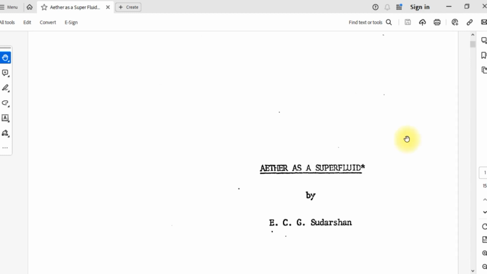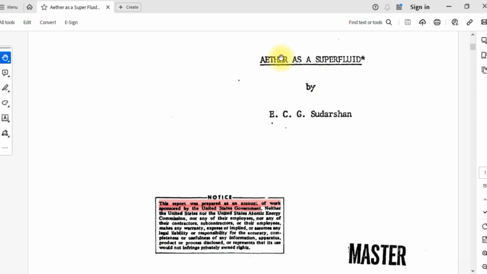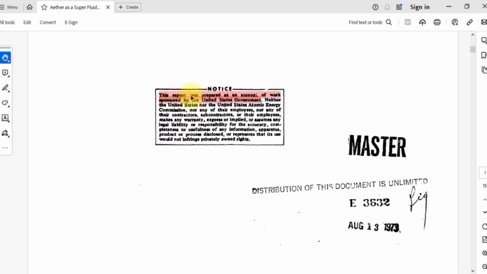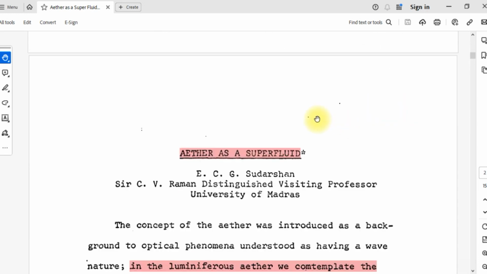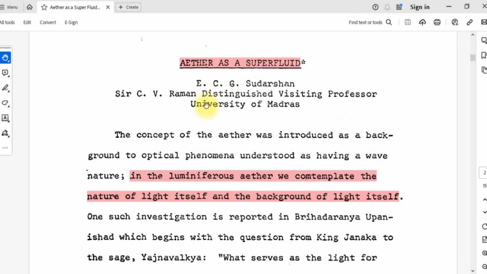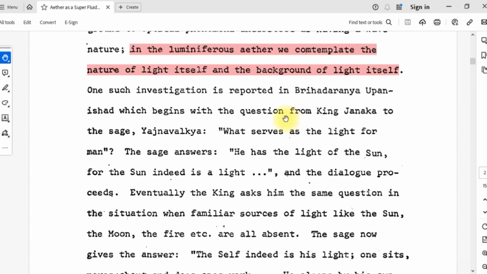I have two more documents. This one, Aether as a superfluid, the Aether right here. And this document is dated 1973. This report was prepared as an account of work sponsored by the United States government. Aether as a superfluid. So here, this study was made by this Indian guy, and he talks about the Aether.